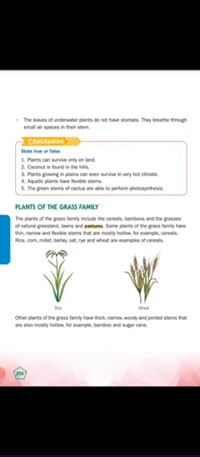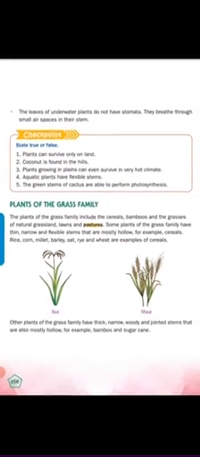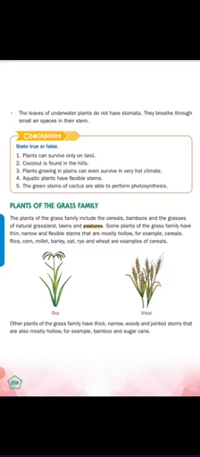For example, bamboo and sugarcane. So the grass family is split into 3 types. One will have thin, narrow and flexible stems, the next will have thick, narrow, woody stems, and another will have hollow stems. Okay?